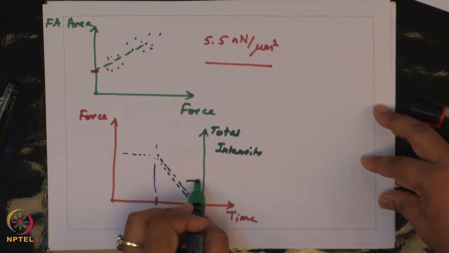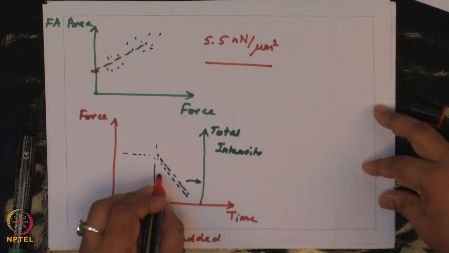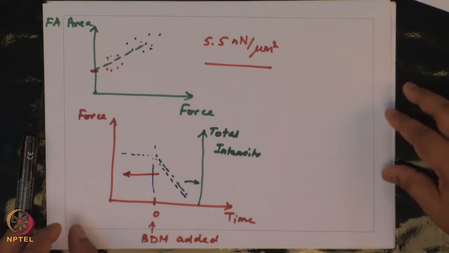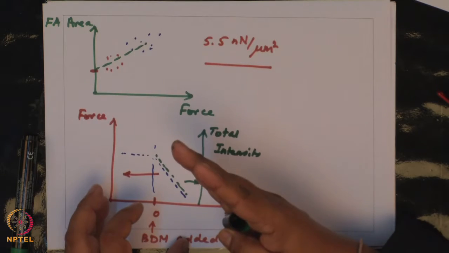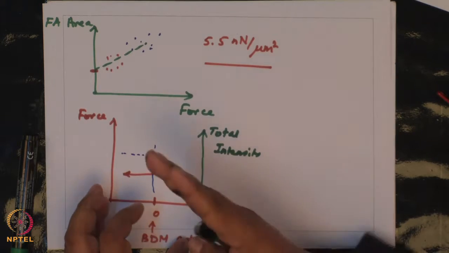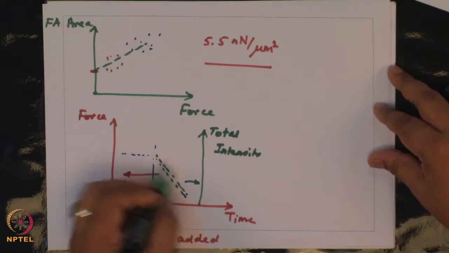Okay. So, this is for this axis and the blue is for this red axis. Once again, concomitant with the drop in force, there was a linear drop in the total intensity of the focal adhesion, and these were perfectly correlated.